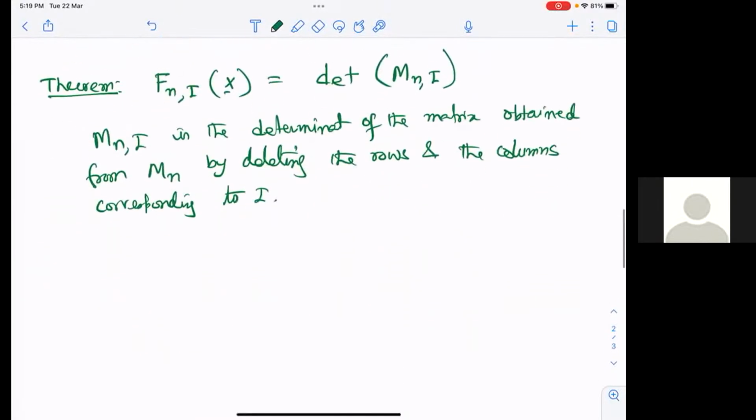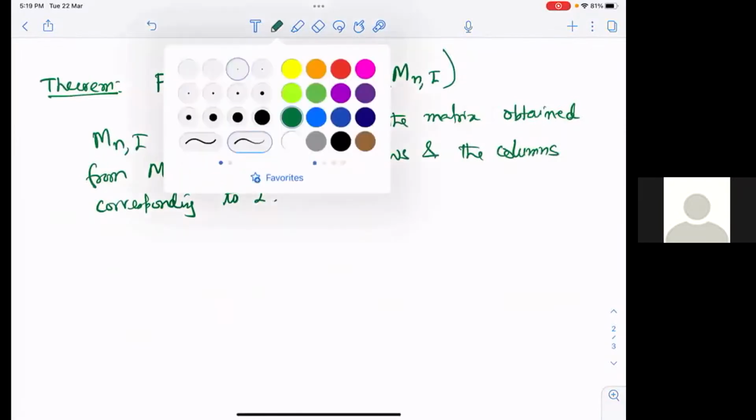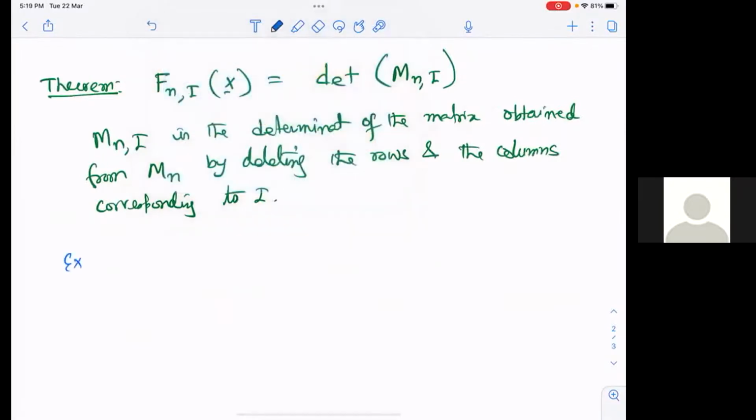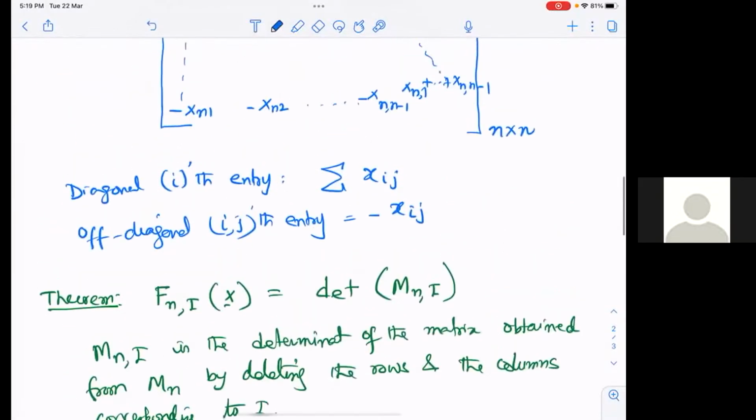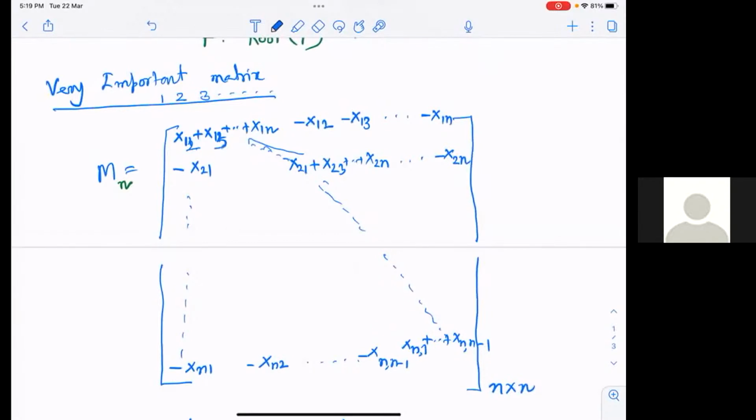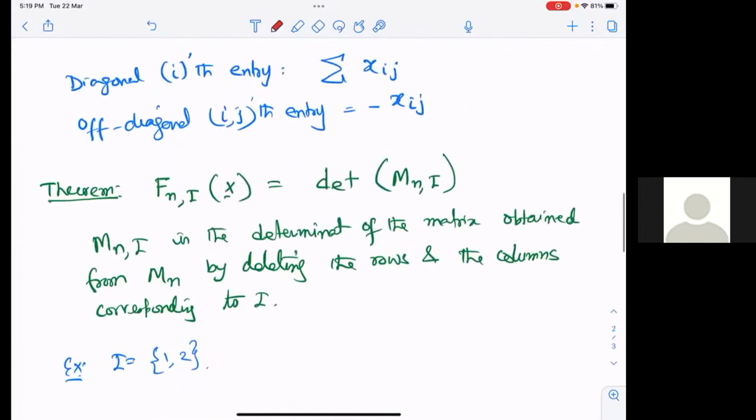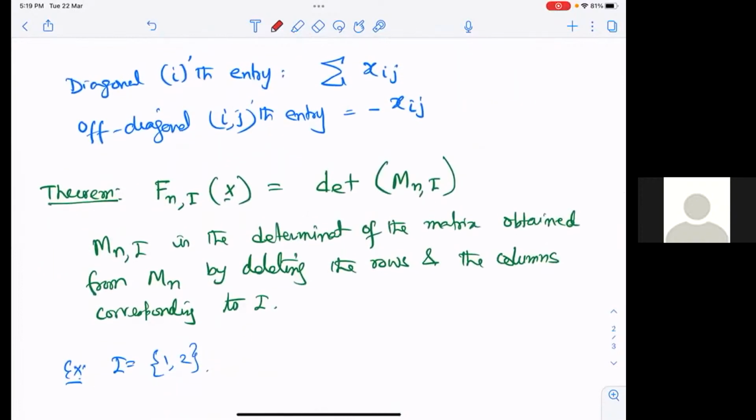What do I mean by that? Suppose, for example, i equals 1 and these two are your roots. Then you will take this matrix and remove the first row and the second row and the first column and the second column. The matrix you get will be the matrix M_n,i. Is it clear?